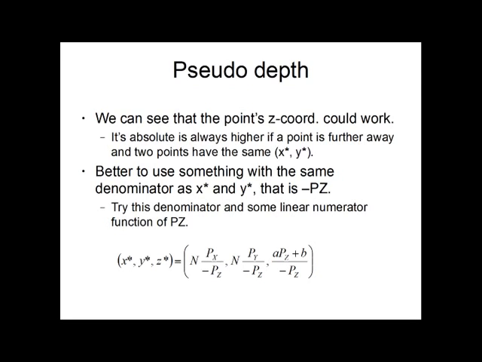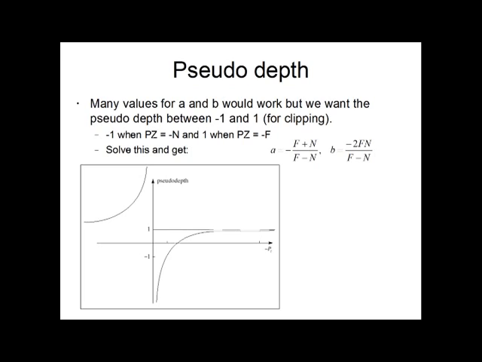But it's possible to set up some linear numerator function of pz divided by minus pz and actually get a value that we can use. And not only a value that we can use, but a value that can actually be very useful to us, the way this function ends up looking.